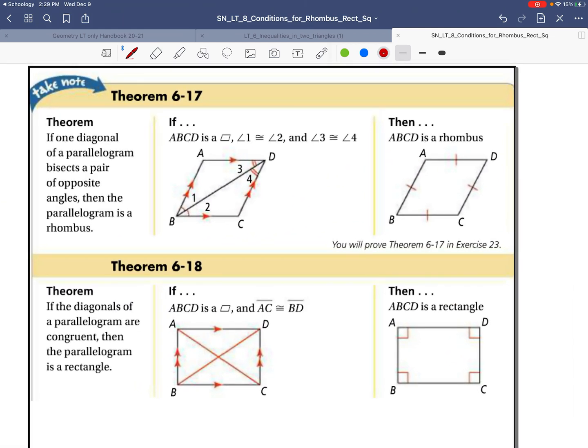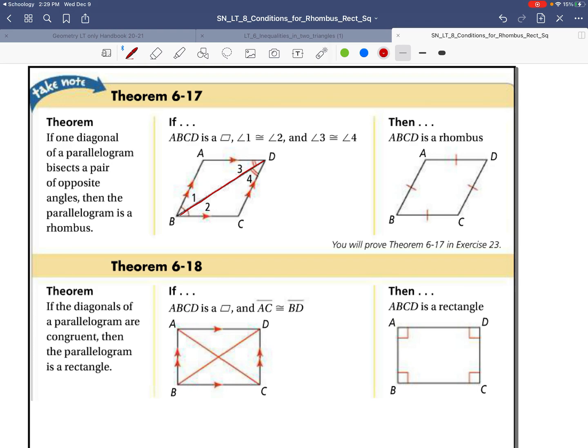Two more theorems, two more properties. If one diagonal of a parallelogram bisects a pair of opposite angles, then the parallelogram is a rhombus. The only condition necessary is that one diagonal bisects the opposite angles.